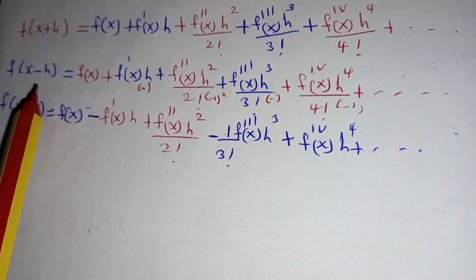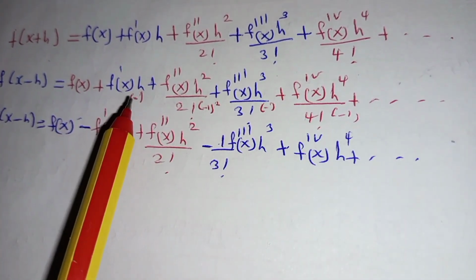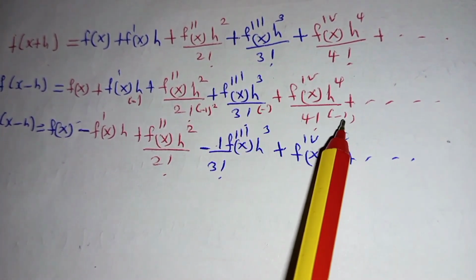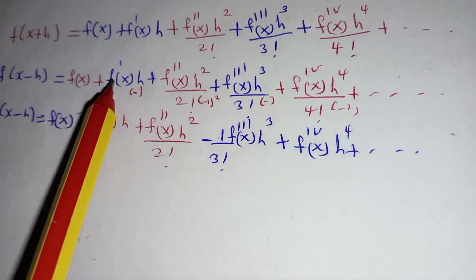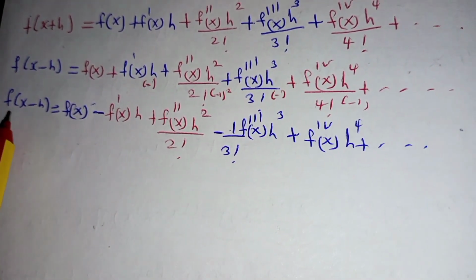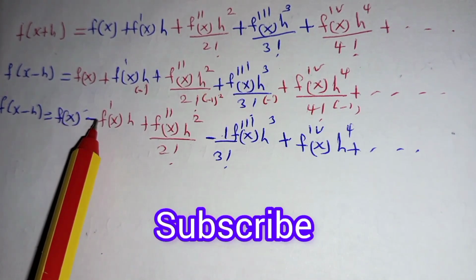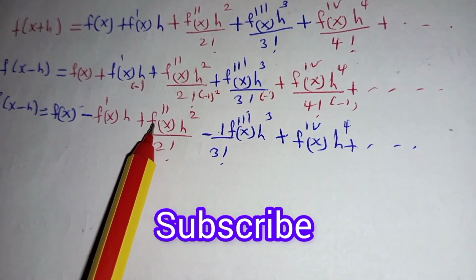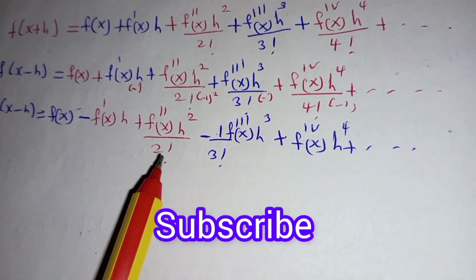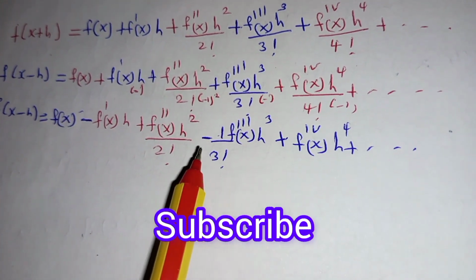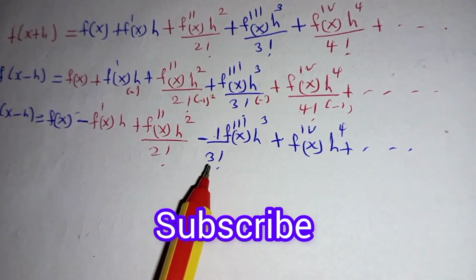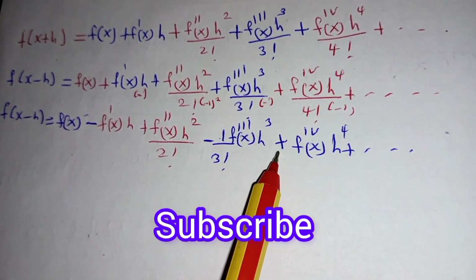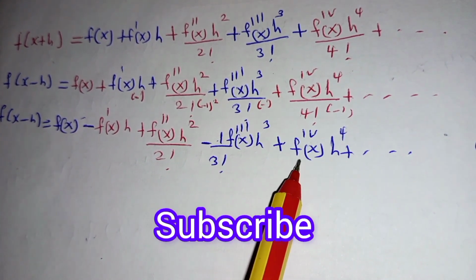Now when we change h to negative h, everywhere you have h there will be a negative: negative h squared, negative h cubed, and negative h to the power 4. So when you introduce this negative, the function f of x minus h will be f of x minus the first derivative of f of x multiplied by h plus the second derivative of f of x multiplied by h squared divided by 2 factorial minus 1 over 3 factorial the third derivative of f of x times h to the power 3 plus the fourth derivative of f of x times h to the power 4.